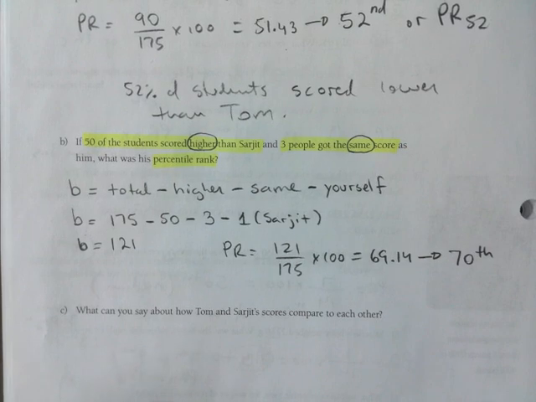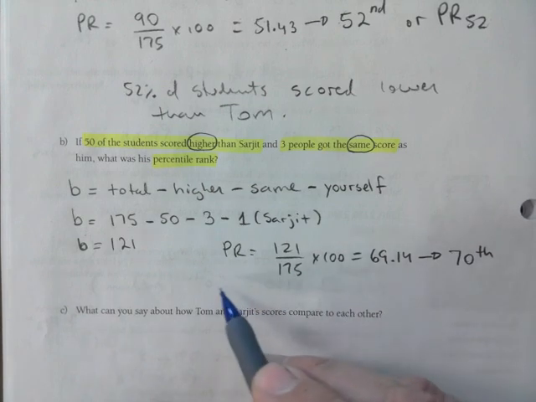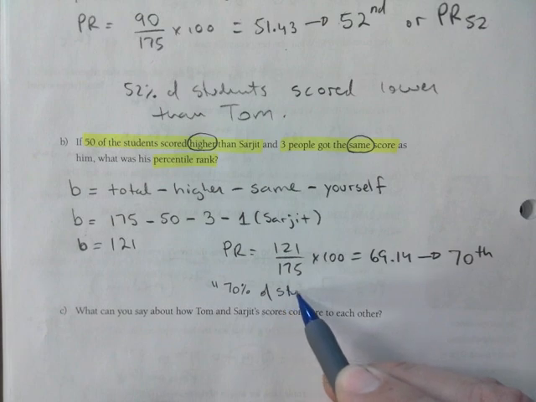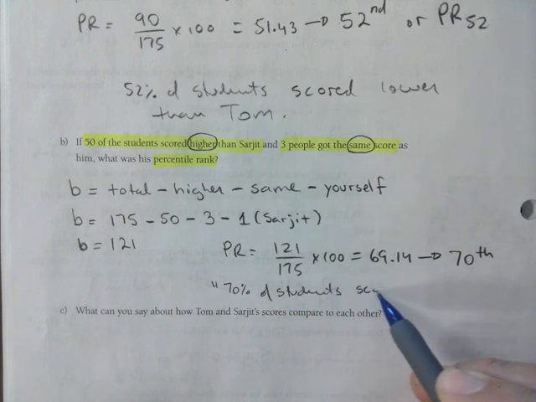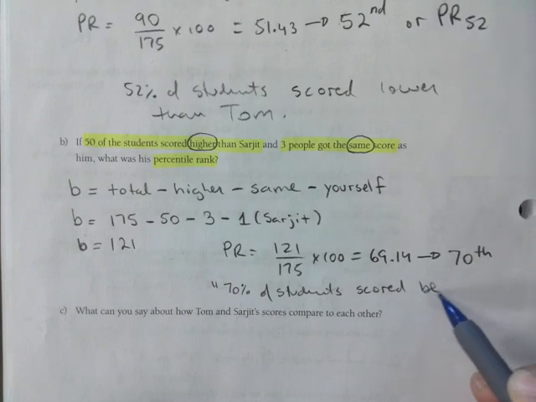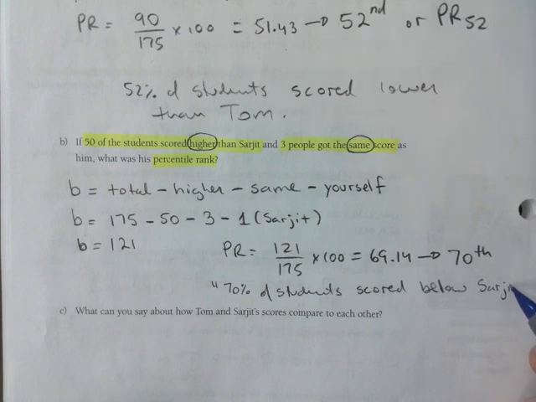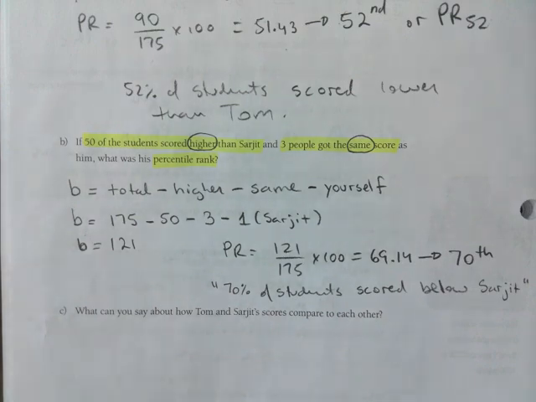What can you say about how Tom and Sarjeet scored compared to each other? If I ask you, what does this mean? 70% of students scored below Sarjeet. Do we know their actual scores? Do we know what Sarjeet scored on the test? We don't. There's no way to find out. We don't even know what the test was out of. Out of 100?